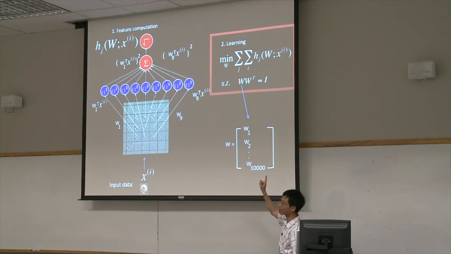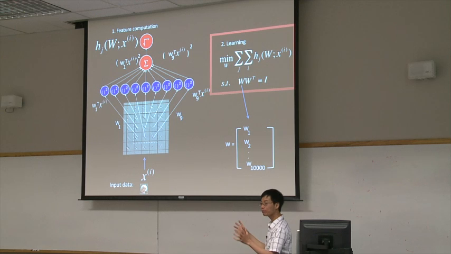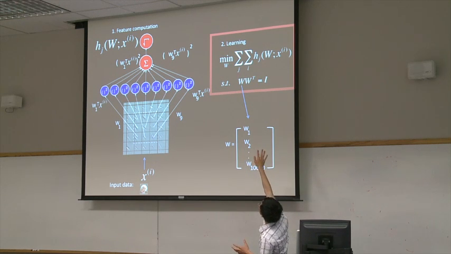Then I want my w to be orthogonal to each other. After you have this, you set your topographic map to be random, and then you optimize with this constraint. You compute your h, compute the gradient, and then you project the gradient at every step, so that W times W transpose is the identity, and that's it.